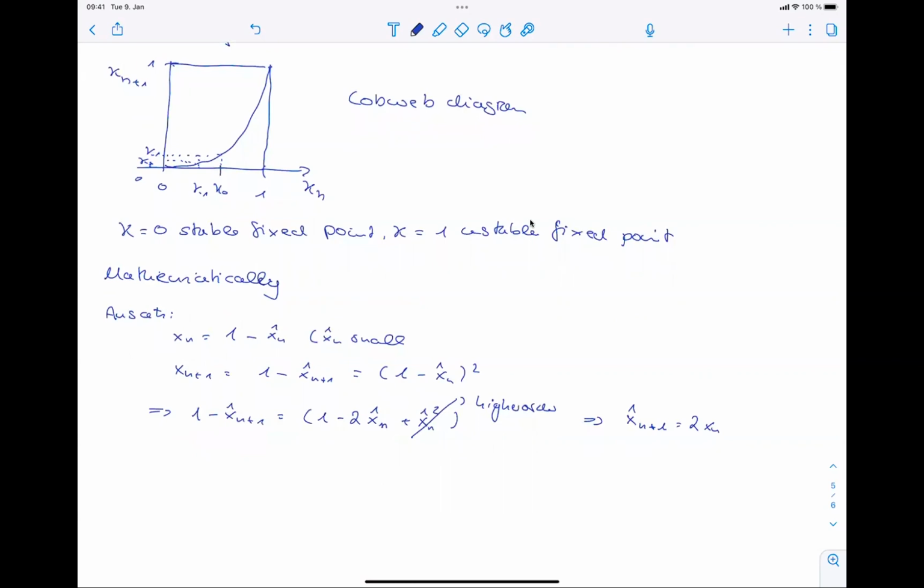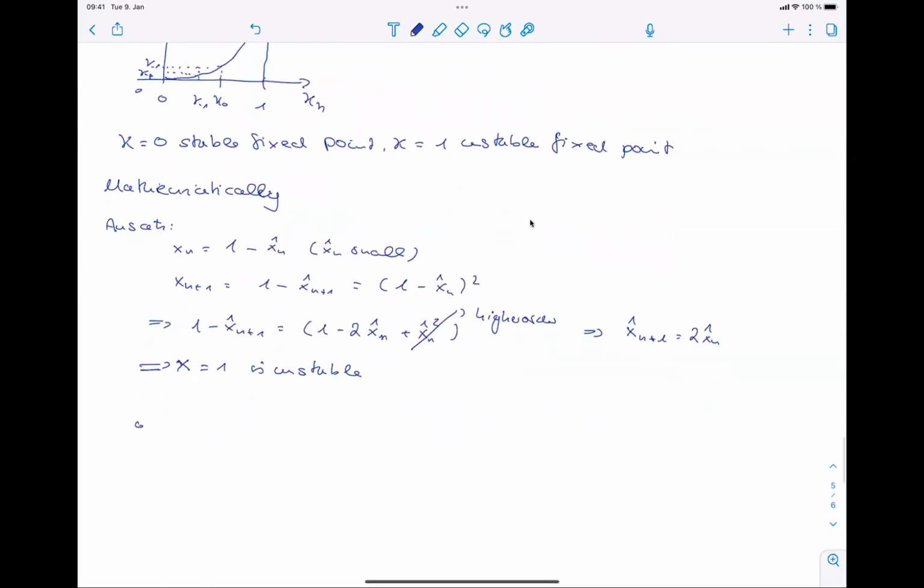And so we see that this is like an expansion about the fixed point at 1, and we are driven away from the fixed point because the distance I am from the fixed point, this xn hat, is getting bigger and bigger over time. So this would also mathematically allow us to draw the conclusion that the fixed point at x equal 1 is unstable.